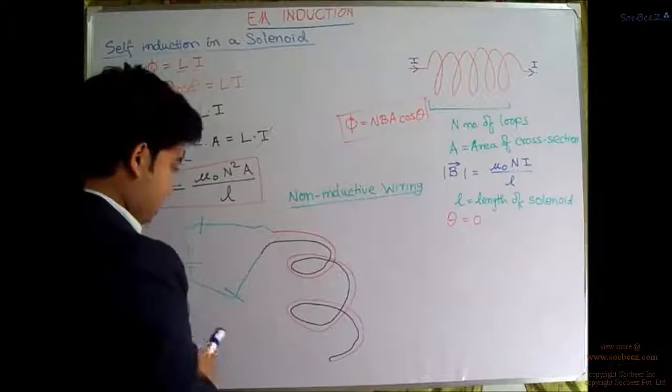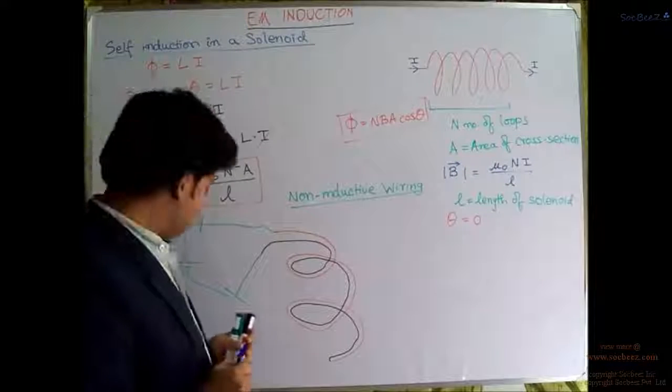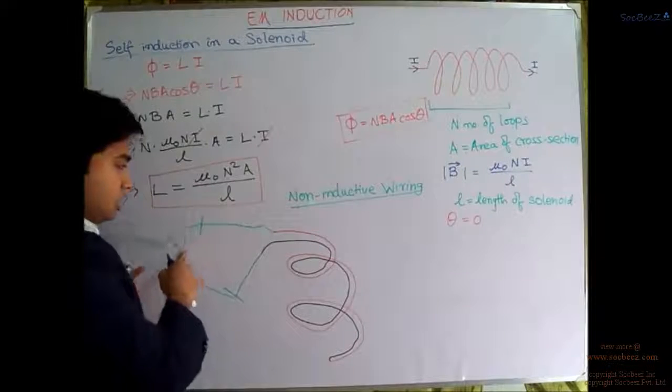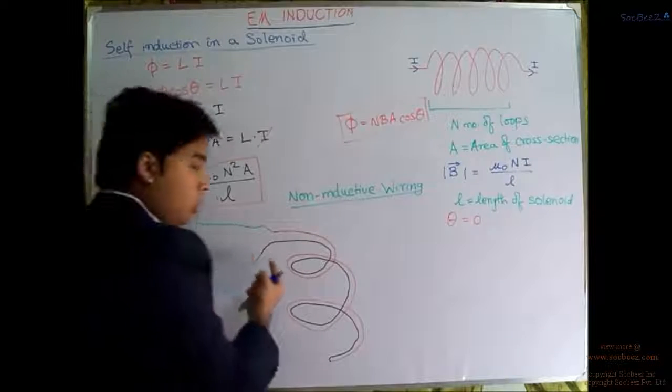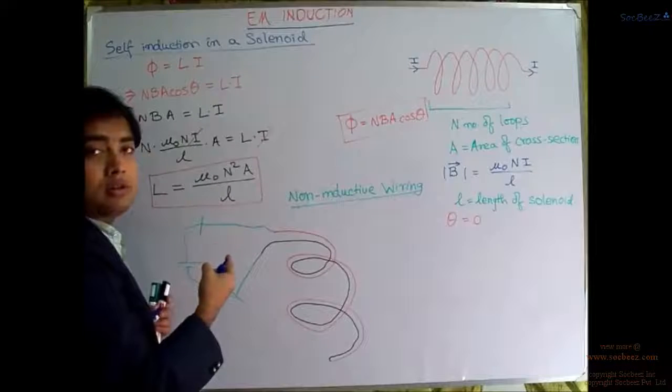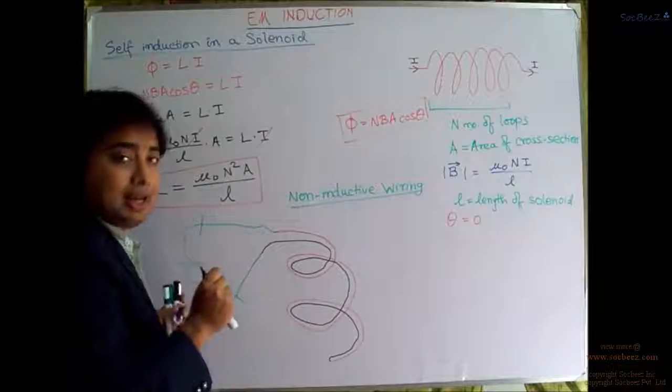So, see here, if the self-inductance is like this, the current will flow like this, a self-induction current will flow in this direction. We are going to mark only the self-induction currents.